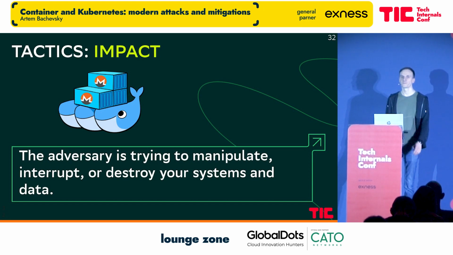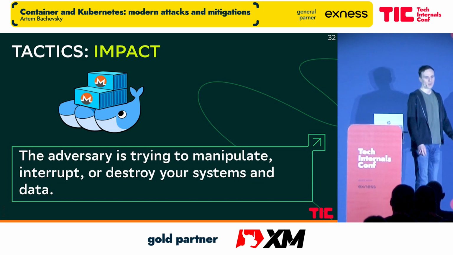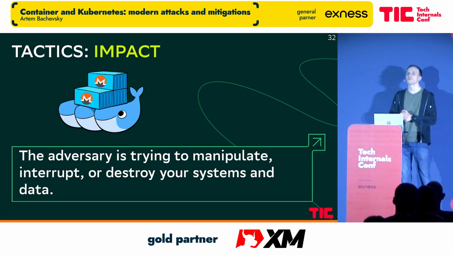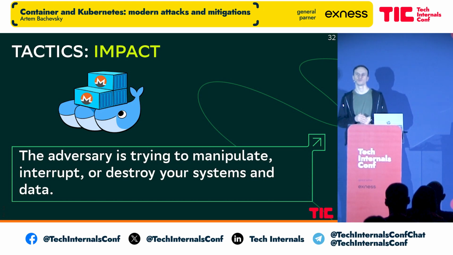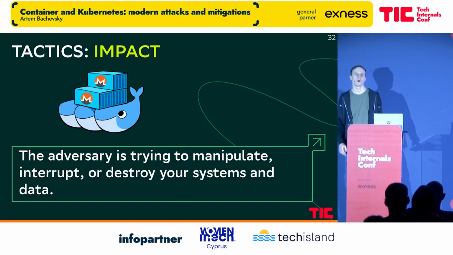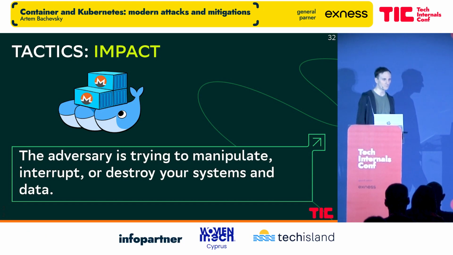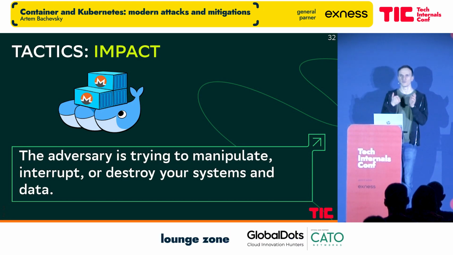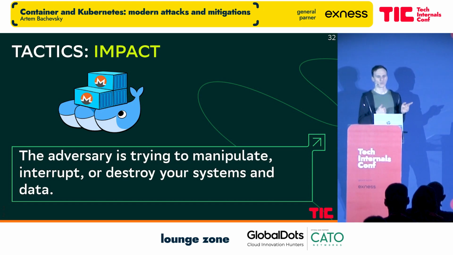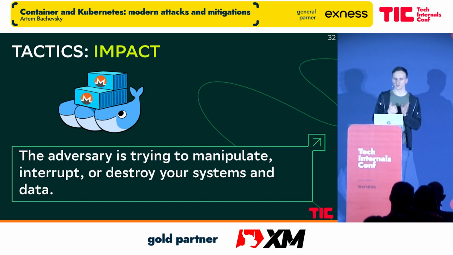And the final one, impact. On this step, the adversary is trying to violate one of our features: our availability, our confidentiality, or our integrity.